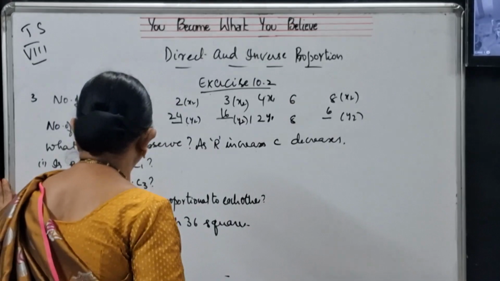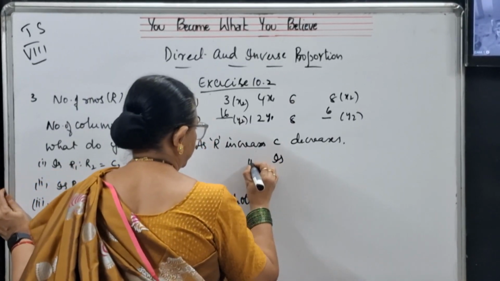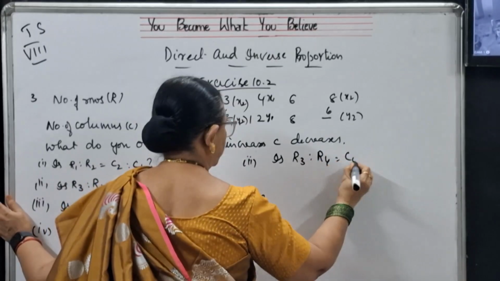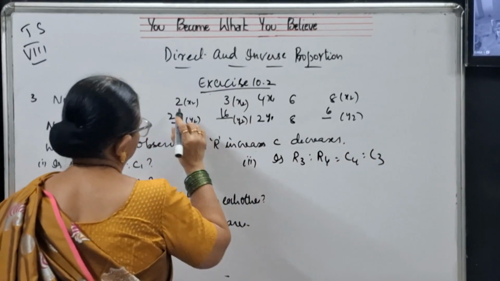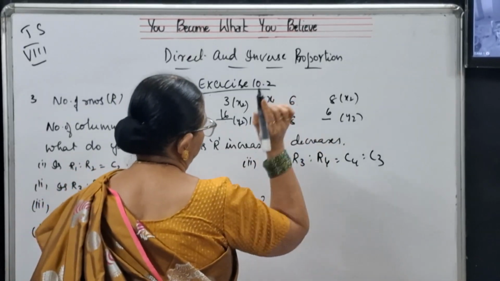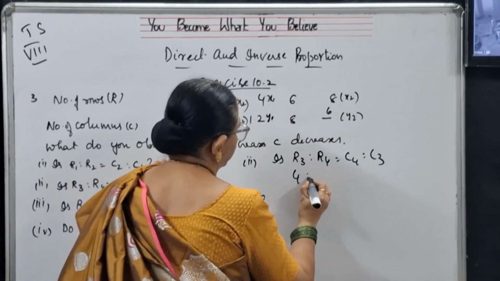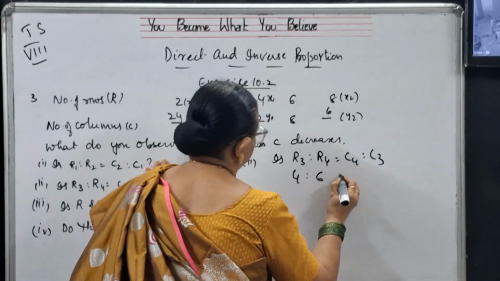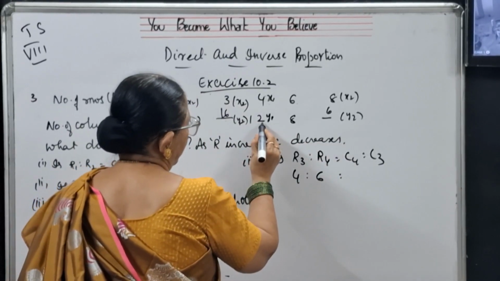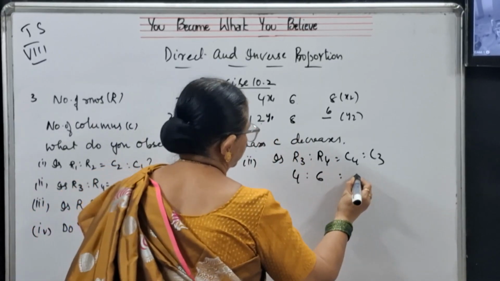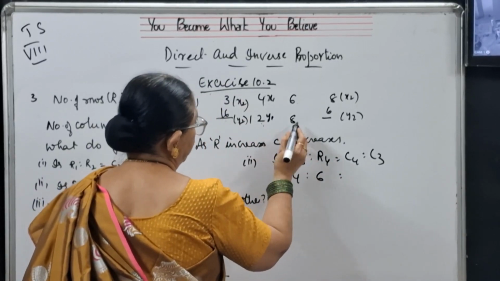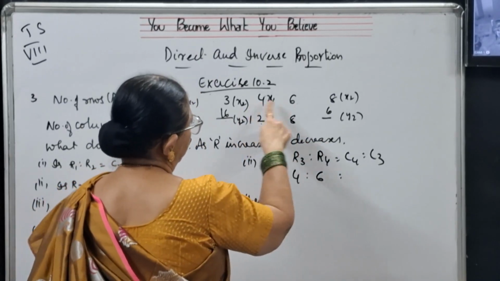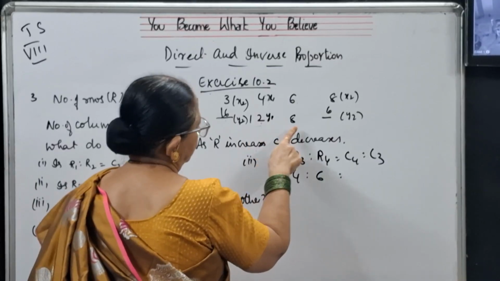Next, the second bit: R3 is to R4 is equal to C4 is to C3. So R1, R2, R3, R4. R3 is 4, is to R4 is 6, is equal to C4 is to C3. So R3, R4, C3, C4.